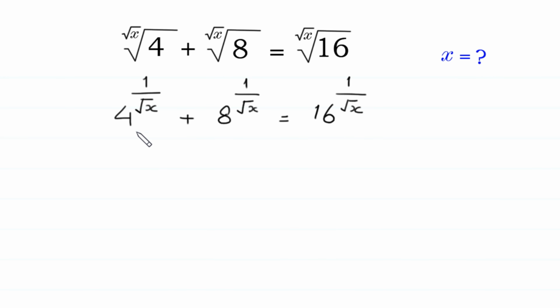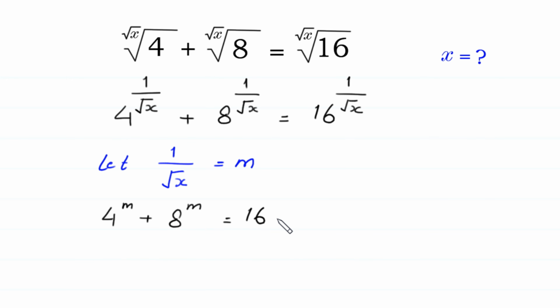Now we suppose that 1 over square root of x is equal to m. Let 1 over square root of x be m, and we substitute m in this equation. Then the equation becomes 4 to the power m plus 8 to the power m is equal to 16 to the power m.